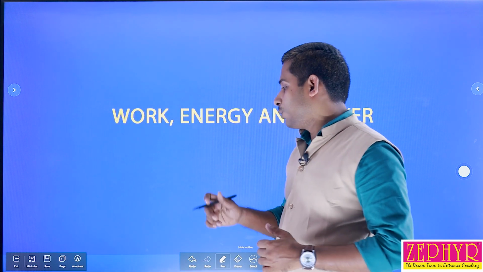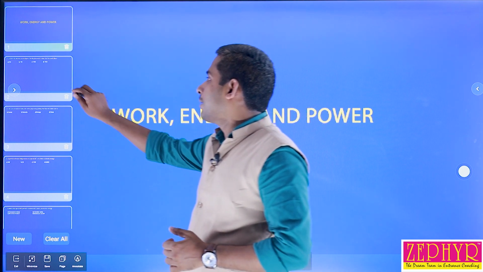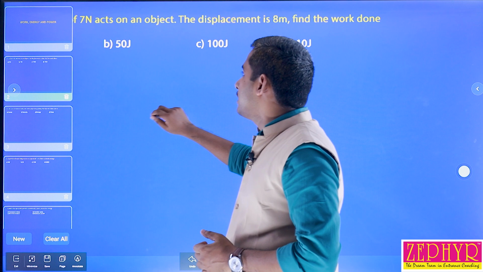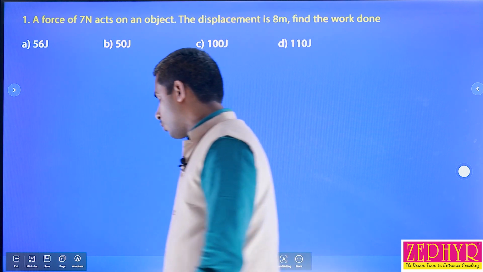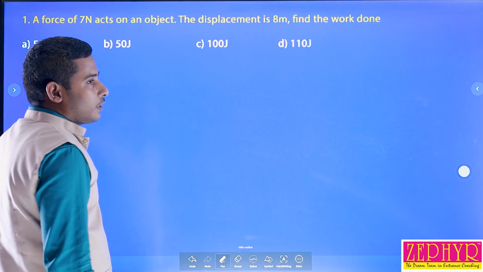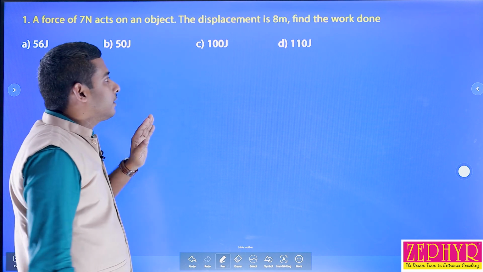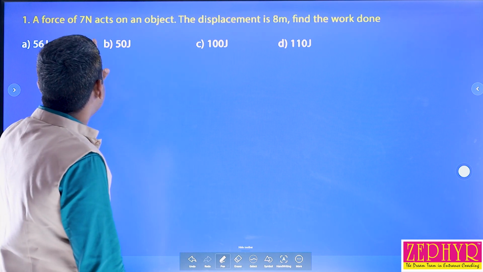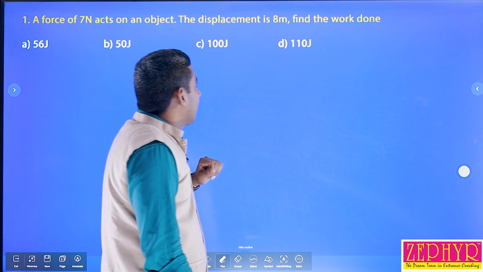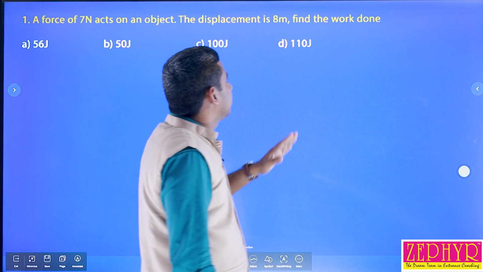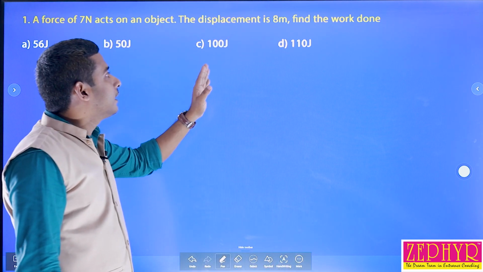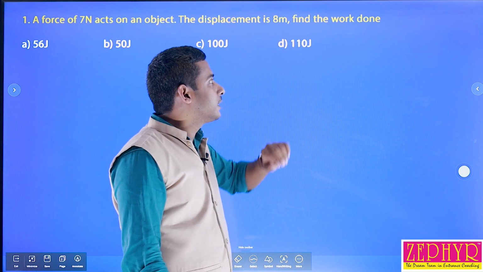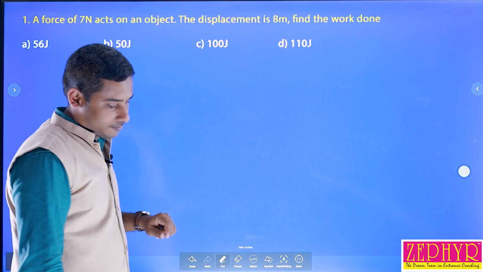Students, I am directly moving to the first question from the chapter Work, Energy and Power. All of you, please take care. The first question is, a force of 7 Newton acts on an object. The displacement is 8 meter, find the work done.